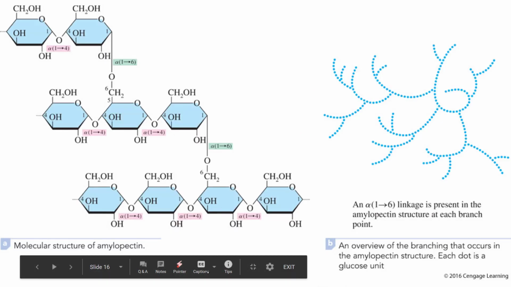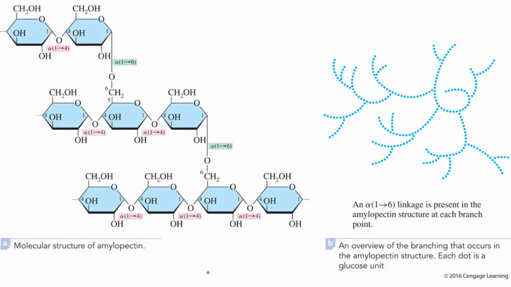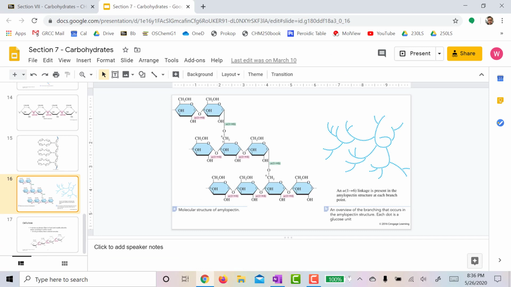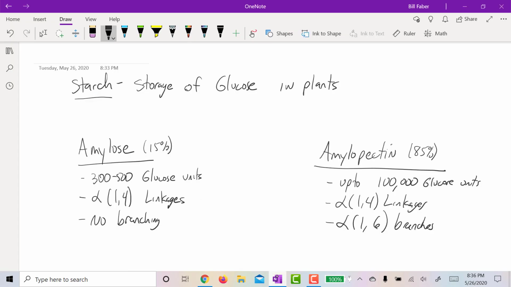But if you have amylopectin, you can see there's this 1,6 linkage, so that one carbon that's outside the ring can go and form another acetal bond with the carbon of another one, and then these branches can take place, and that's what it looks like. So that is what starch is made up of.